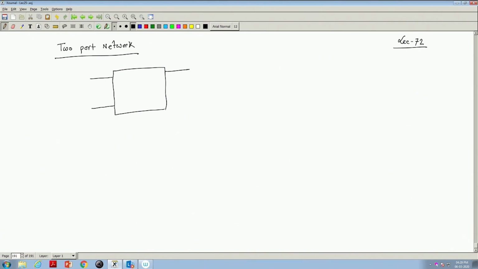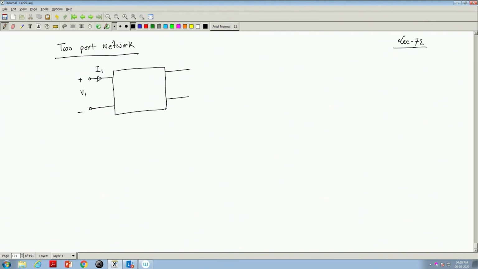And then you can identify terminals where you will give input signal, and the current drawn by the network is shown like this.